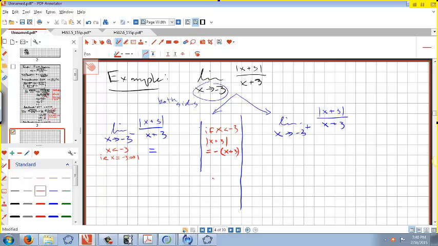So the limit becomes the limit as x goes to negative 3 from the left of the opposite of x plus 3 divided by x plus 3. And therefore this cancels out, and on this side I get negative 1.